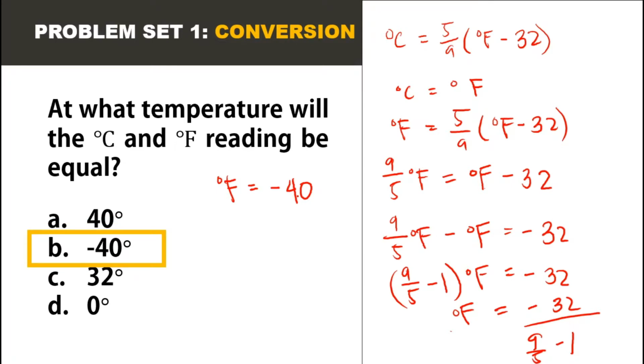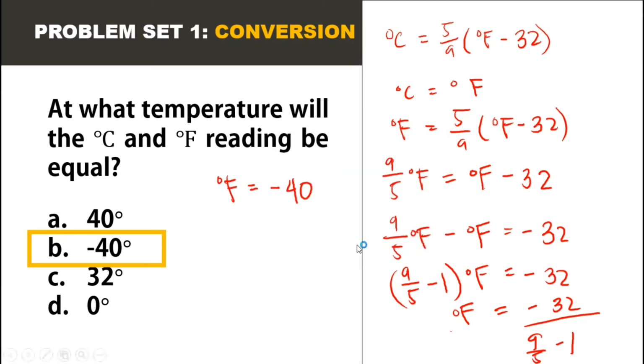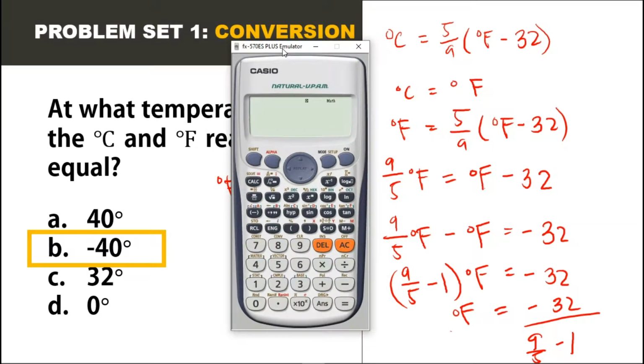We can also use our calculator technique to solve this. We can use our shift solve function in order to minimize the time of solving this. As you can see here, we have one equation and one unknown, so we can find degrees Fahrenheit by using the shift solve function.